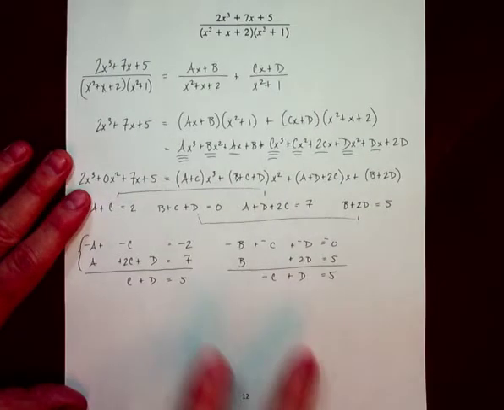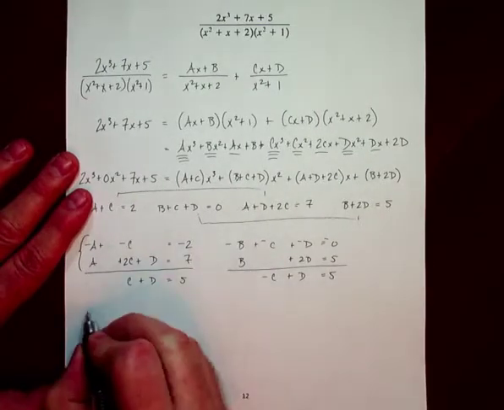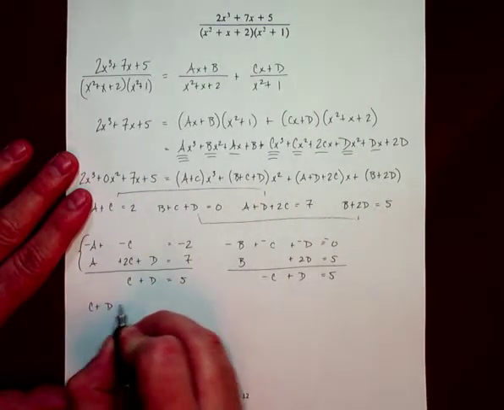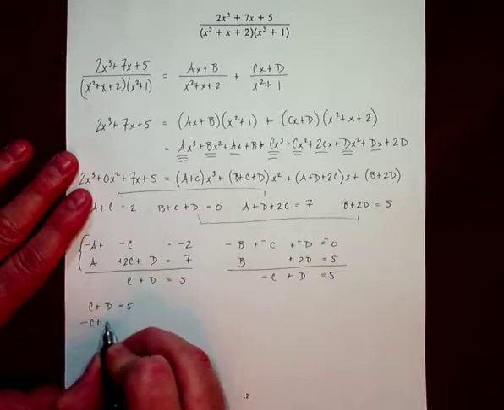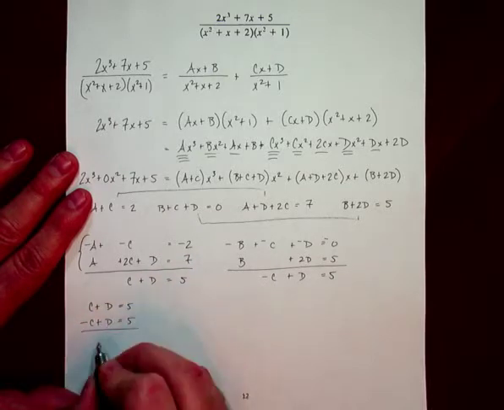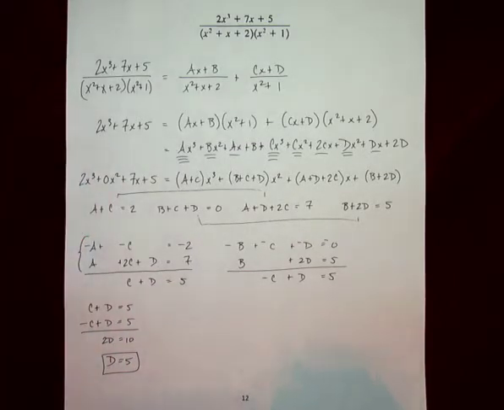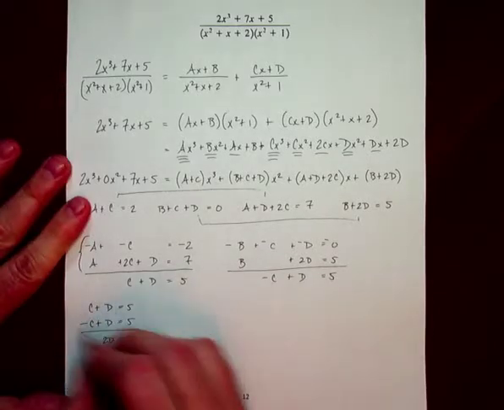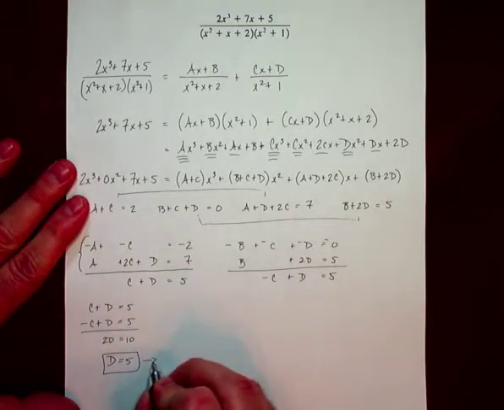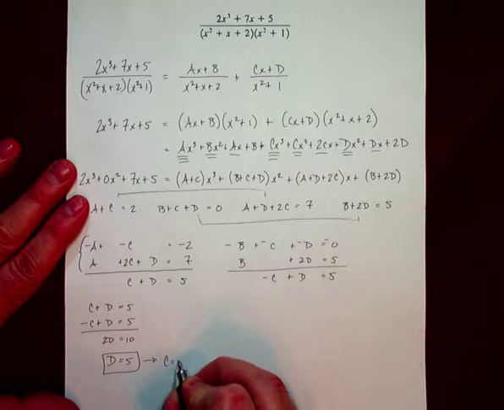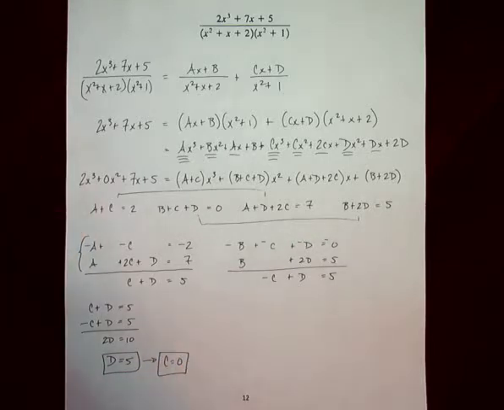Well, that has allowed me to get c plus d is equal to 5, and negative c plus d is equal to 5. That gives me 2d is equal to 10, or d is equal to 5. Fantastic. Well, if d is equal to 5, then from both of these, we obviously can surmise that c is equal to 0.